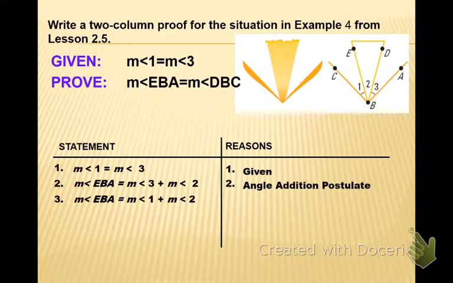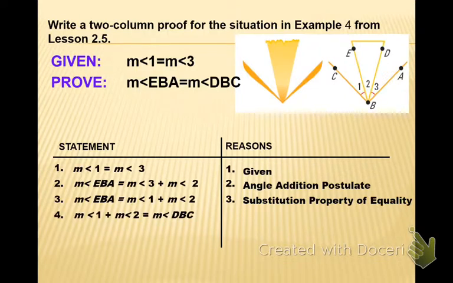We know that 1 and 3 are the same. So I can actually replace the measure of angle 3 with the measure of angle 1, just by substituting. That's the substitution property. Again, not knowing if that's going to take me where I want to go, but I know that that's true, so we can write it in there and go from there.